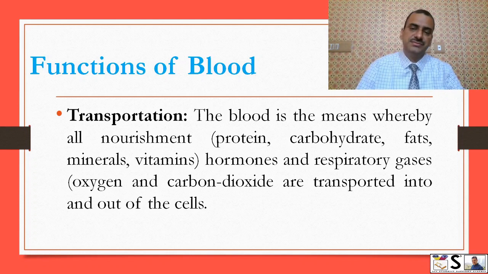The blood is the means of transportation for many products, such as nutrients like protein, carbohydrate, fat, minerals, vitamins, as well as hormones and respiratory gases, that are oxygen and carbon dioxide. They are transported in and out of the cell throughout the body.